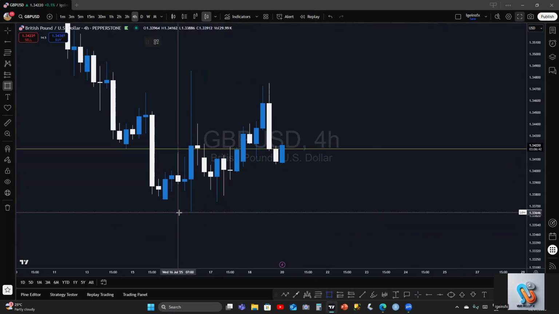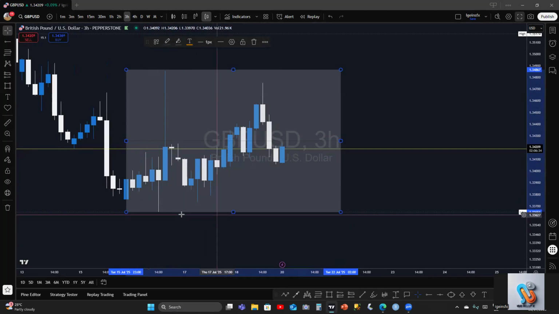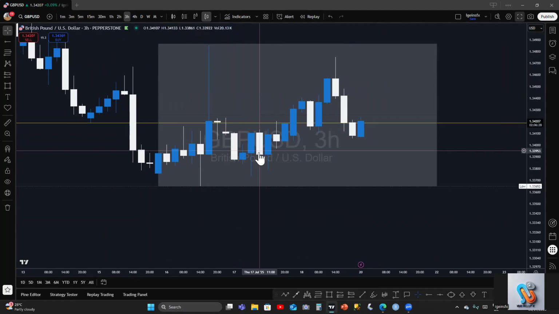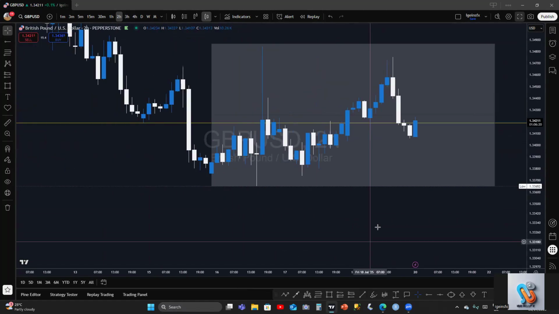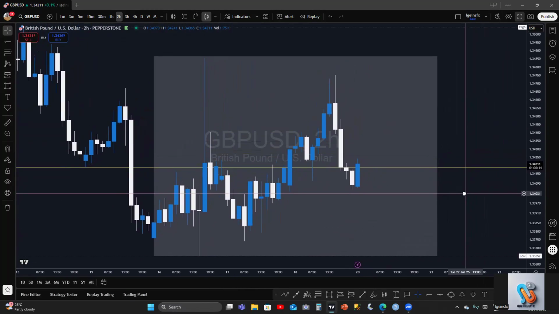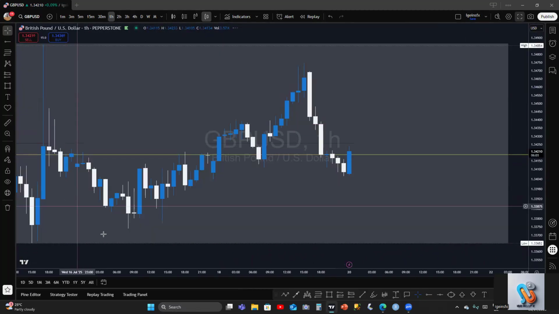So if we analyze only this point here, we scale down to 3 hours. You can all see at least we are seeing it a little like this. Maybe to 2 hours, then 1 hour.